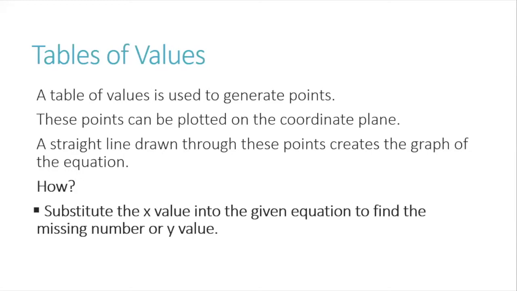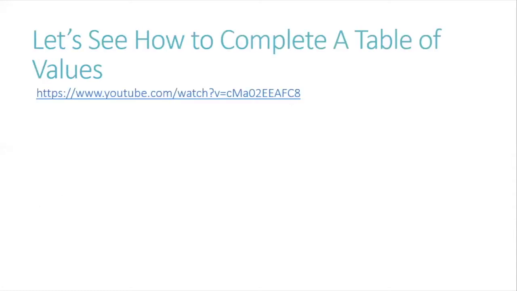So you substitute the x value, which is usually given to you, and you use that x value to find the missing number or the y value. So let's watch a video that will explain in more detail what a table of values is, or how it looks, and how the values are generated, and then we'll do an example after.